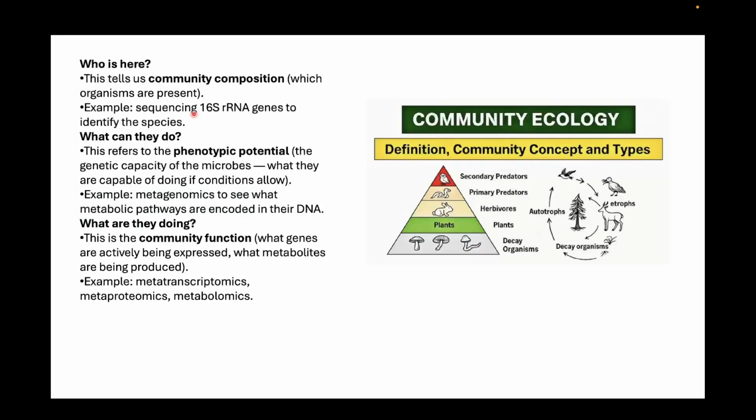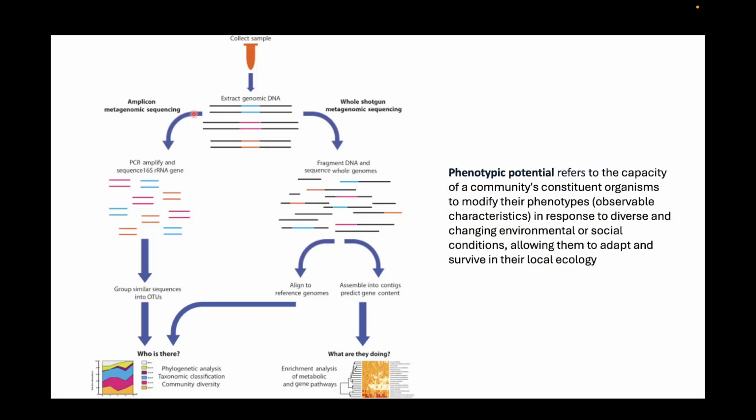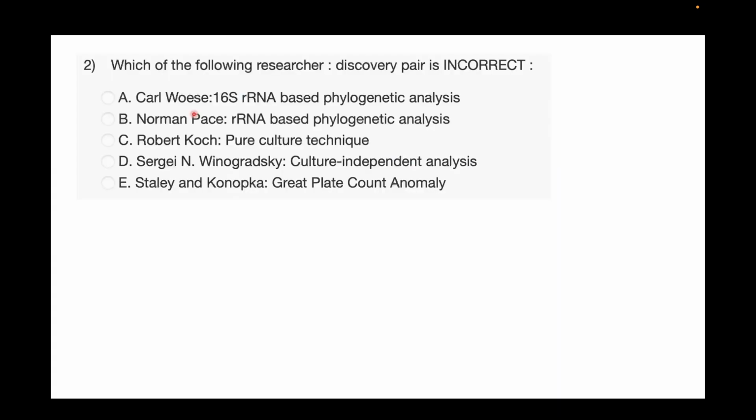Okay, moving on to the second question. Question number 2. Which of the following researcher discovery pair is incorrect? Again, a match the following type, but this is a difficult one. Option A, Carl Woese's 16S rRNA based phylogenetic analysis.